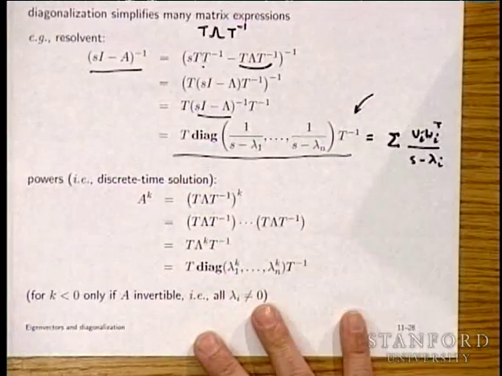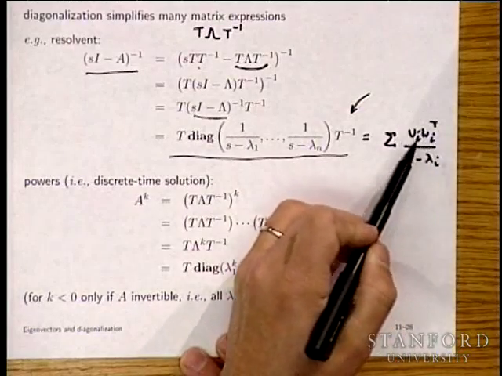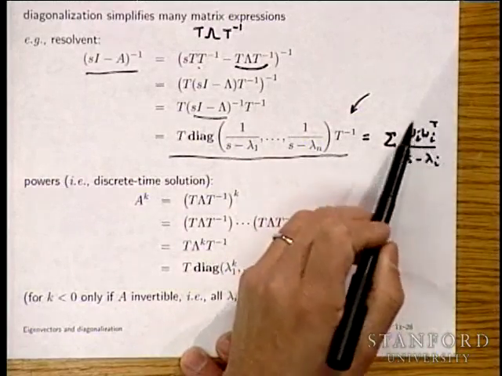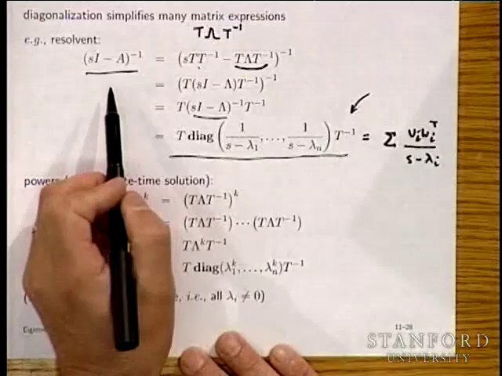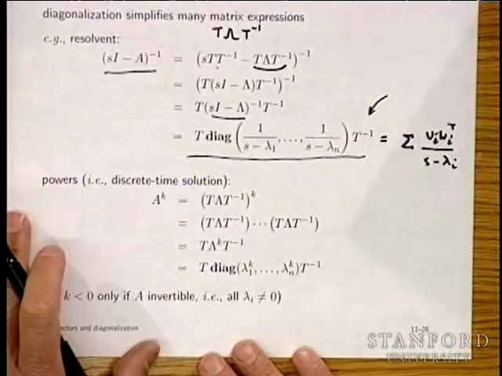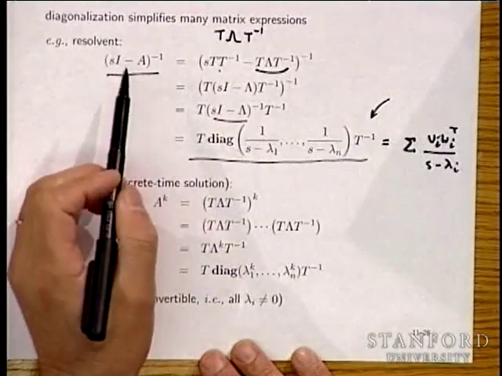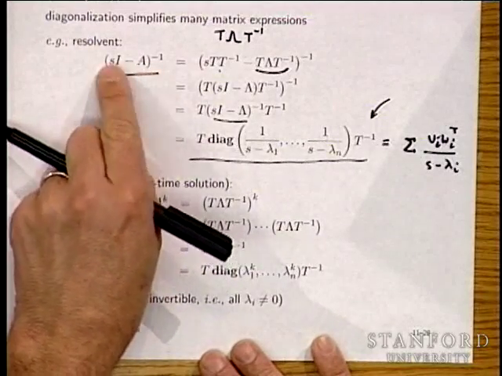The other way to say it is that these rank 1 matrices, v_i w_i transpose, are the residues of this function at the pole lambda_i. So diagonalization simplifies the resolvent tremendously.